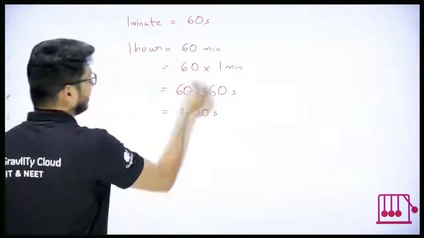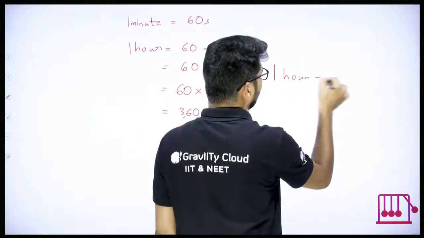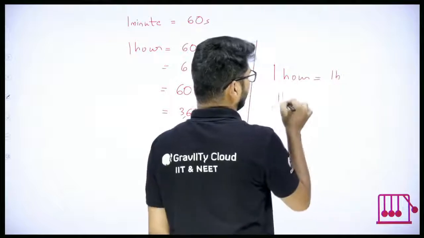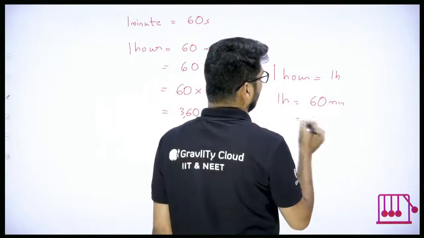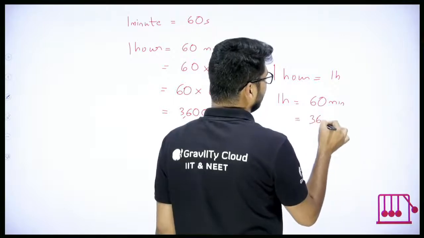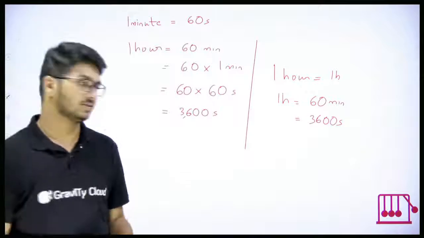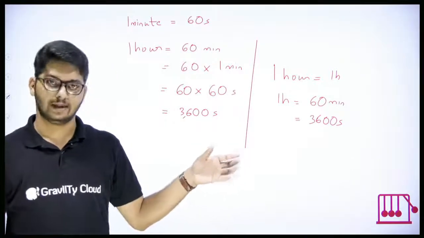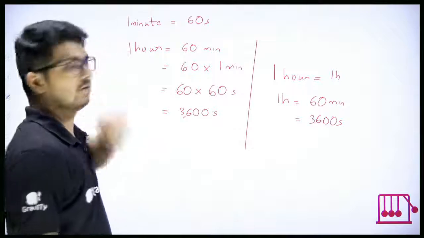So here we can clearly say that for 1 hour we use the symbol h. So 1 hour is equal to 60 minutes, or in terms of seconds, it is 3600 seconds. Clear? Okay, that's good. So we learned about minute, we learned about hour.